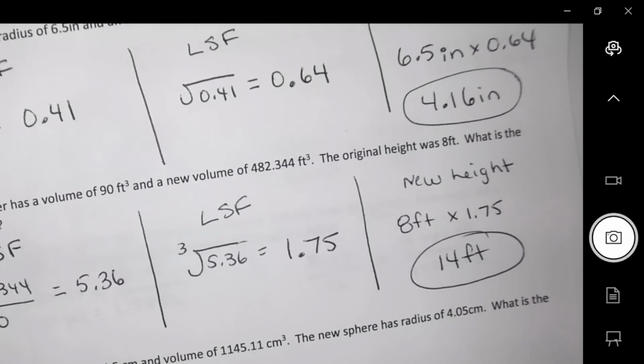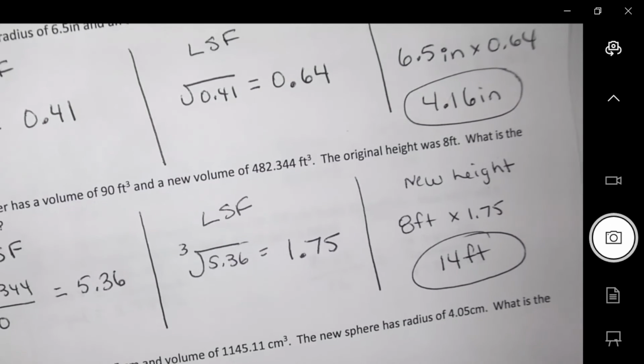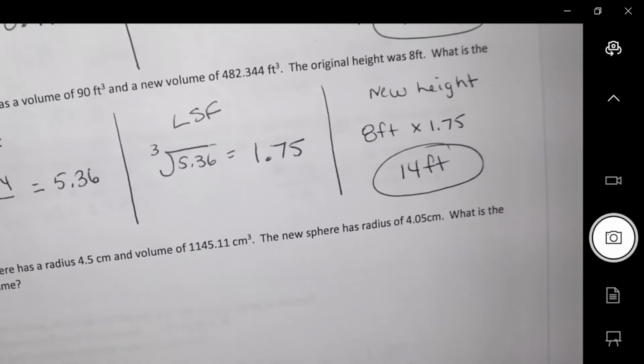Okay, how did that go? Did we find that we would have to cube root that to get our linear, right? To go from a volume to a linear?